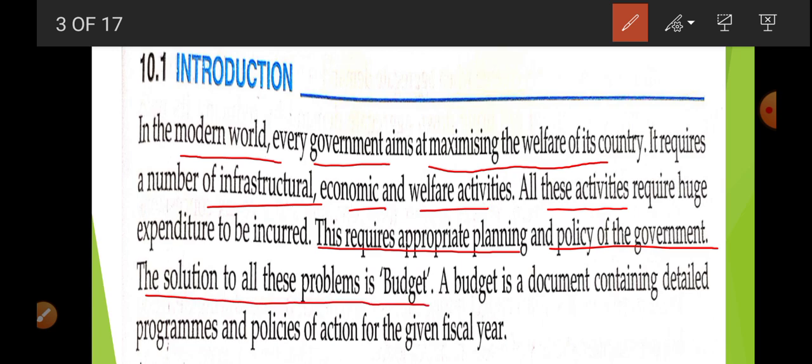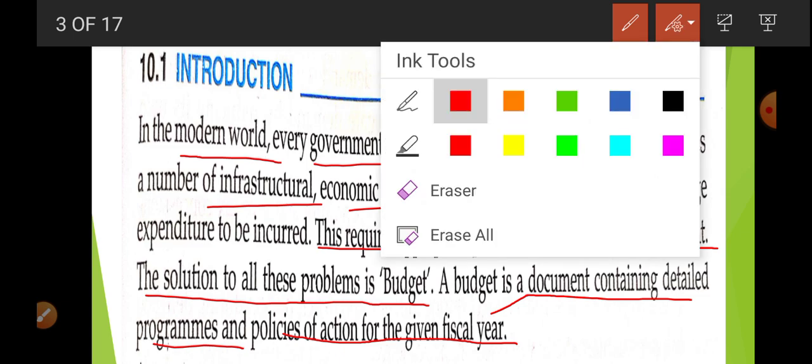Budget is related to what you want and how you are going to do it with your limited resources. A budget is a document containing detailed programs and policy actions for the given fiscal year. Remember, budget is always related to one year. Now we are going to discuss it in more detail.